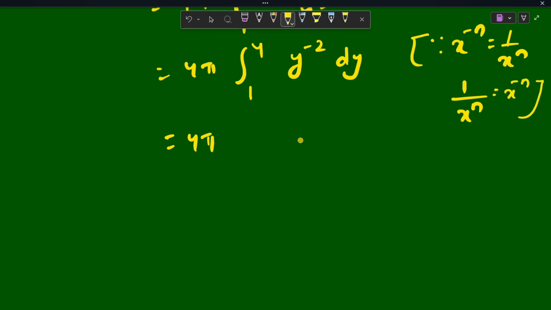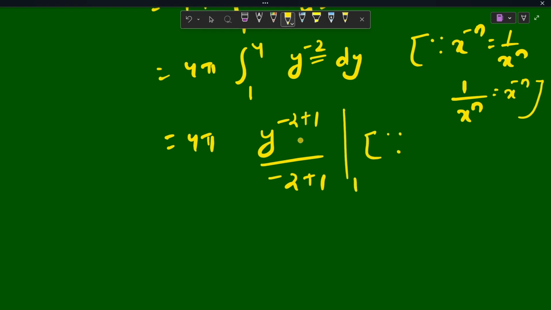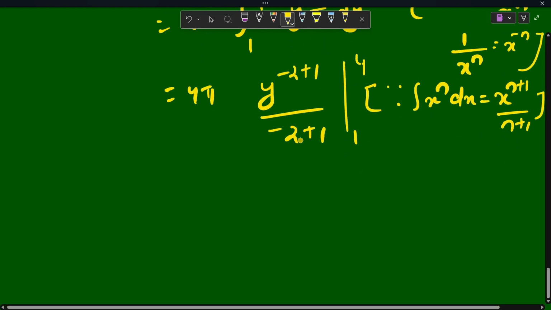It is in the format of y to the power n, so you can use the formula y to the power n plus 1 by n plus 1. What is the n value? The n value is minus 2, so it would be minus 2 plus 1 by minus 2 plus 1. The formula is the integration of x to the power n dx is x to the power n plus 1 by n plus 1. The same formula you can use for y also.